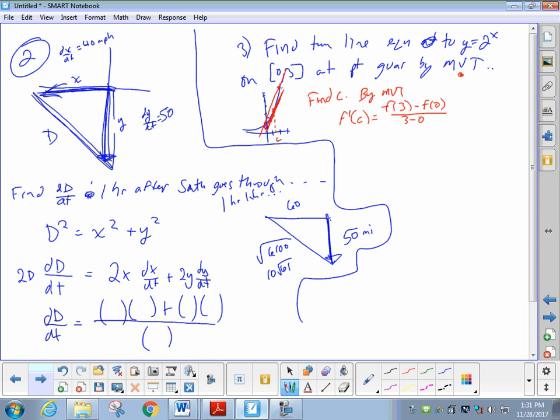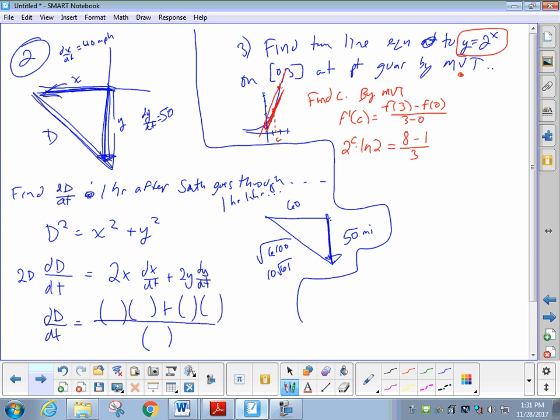What's F prime at c? What's the derivative of y equals 2 to the x? It's 2 to the x log 2. So this is 2 to the c log 2. F at 3 is? F at 0 is?